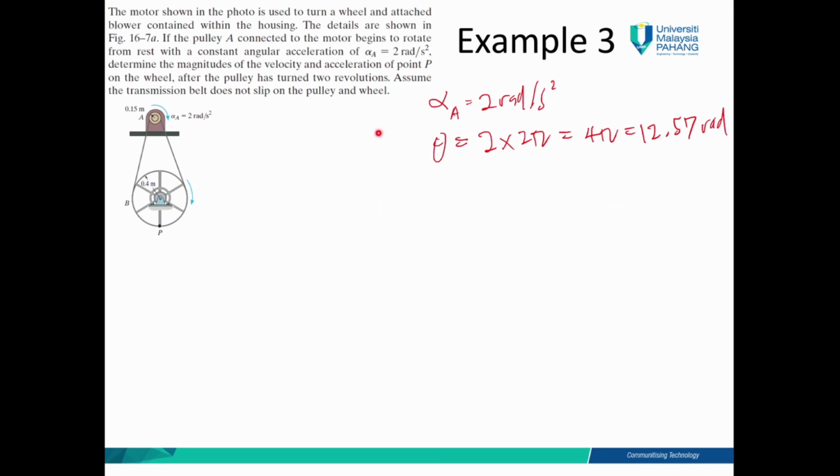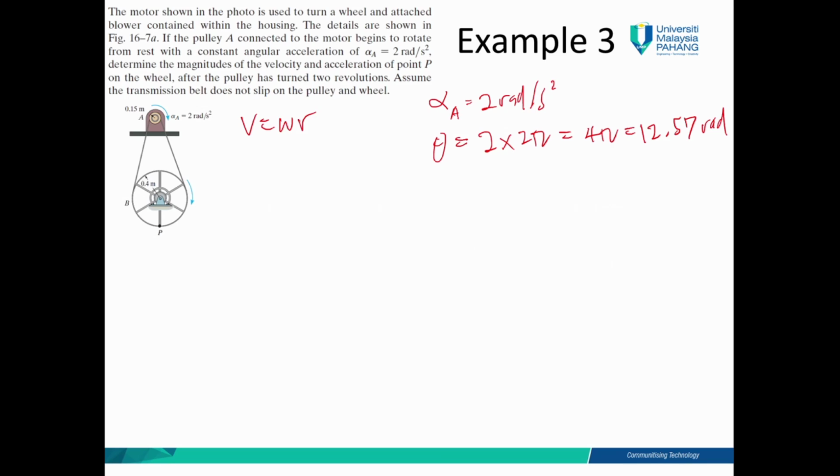So what do you need? You need your velocity. Because you also know your formula, to find the magnitude of velocity, you need to multiply your angular velocity with your radius, right?